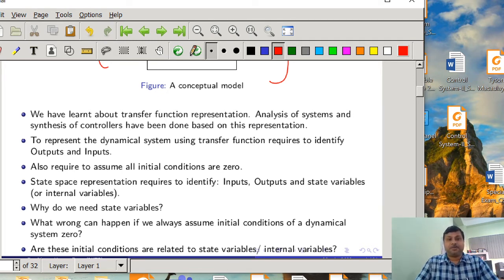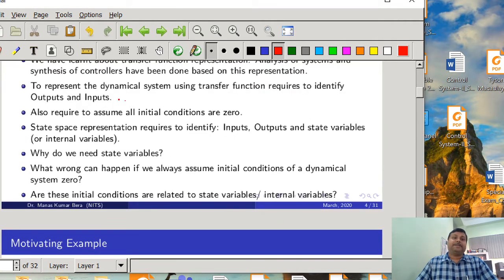But in contrast, when you represent the system using state space, which is a time domain approach, you require identifying the inputs, outputs, and also the state variables. These three things have to be identified to build the state space representation of a given system.